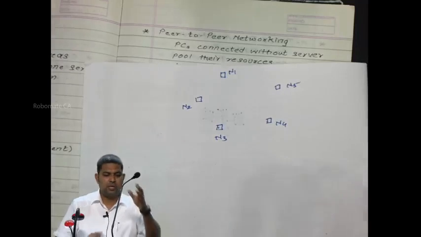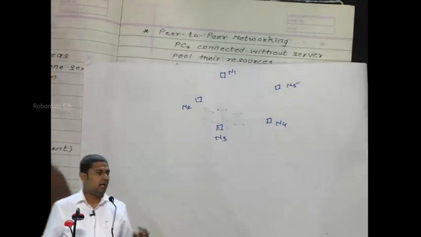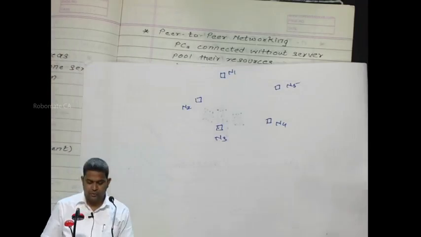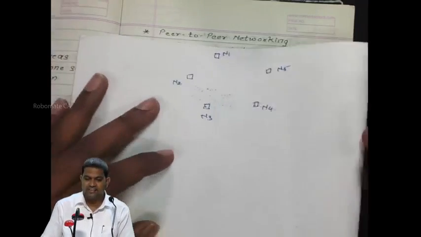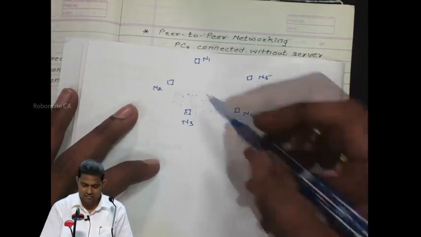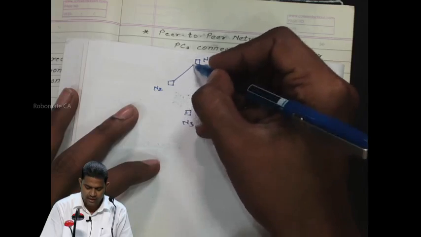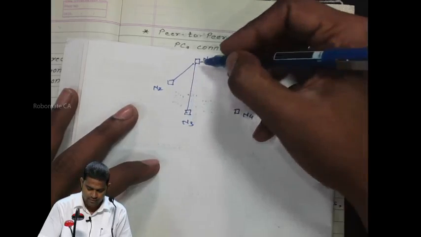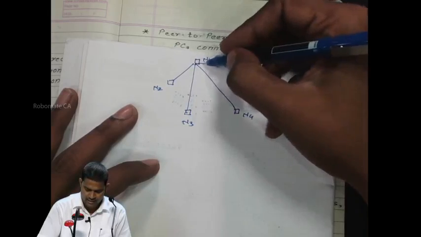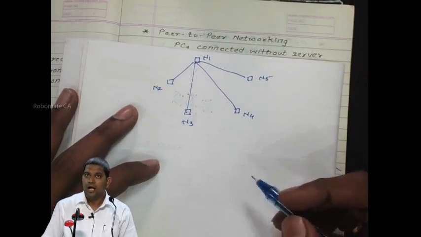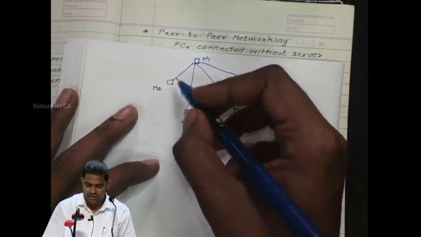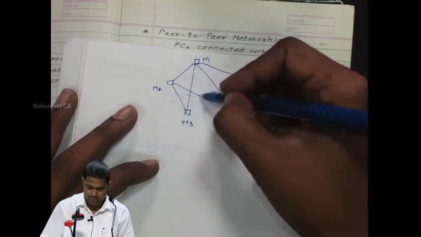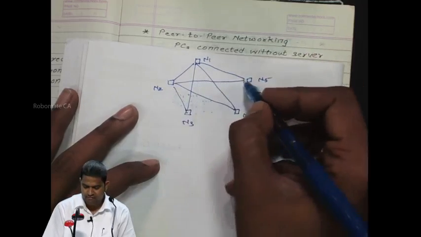In the first situation, N1 is acting as the server, so it is connected with N2, N3, N4 and N5. In the next situation, N2 is the server connected to N1, N3, N4 and N5.